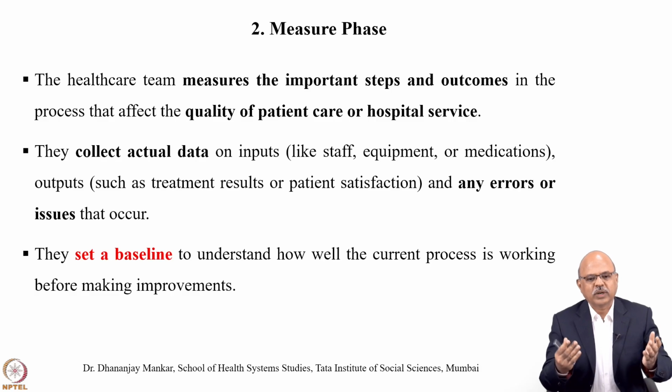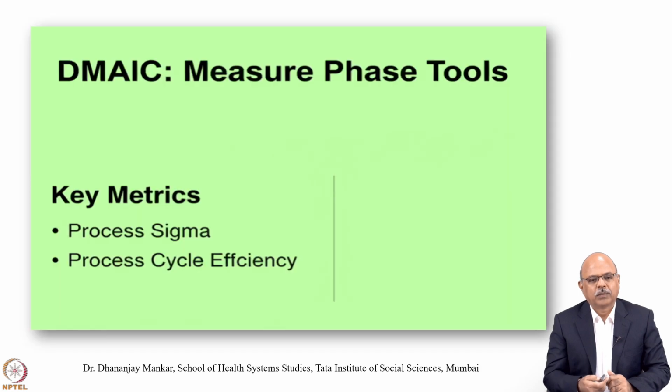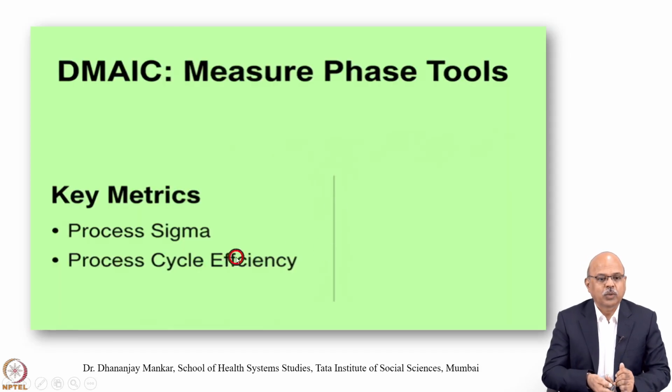They set a baseline to understand how well the current process is working before making improvements. DMAIC measure phase tools: the key metrics are process sigma and process cycle efficiency.